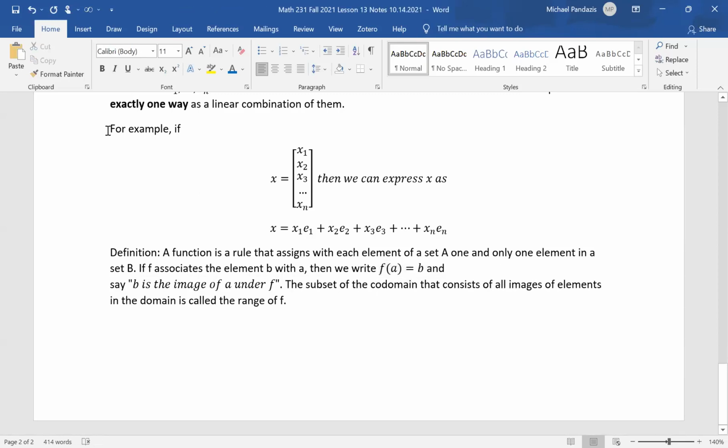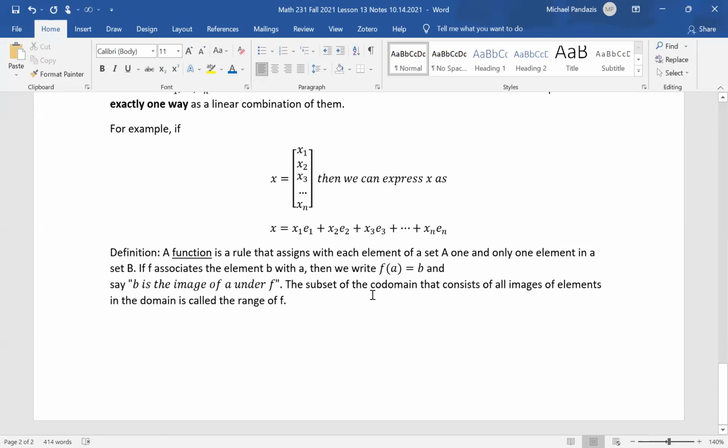Okay, so a function is a rule that assigns with each element of a set capital A one and only one element in a set B. If F associates the element B with A, then we write F of A equals B and say B is the image of A under F. The subset, I'm going to write some stuff on the whiteboard that explains.